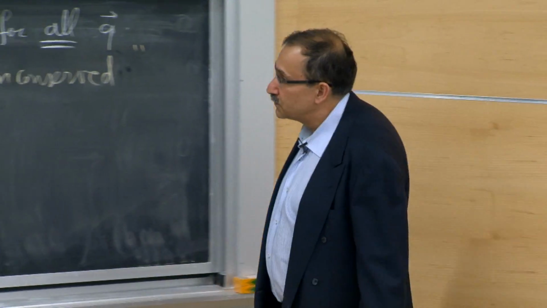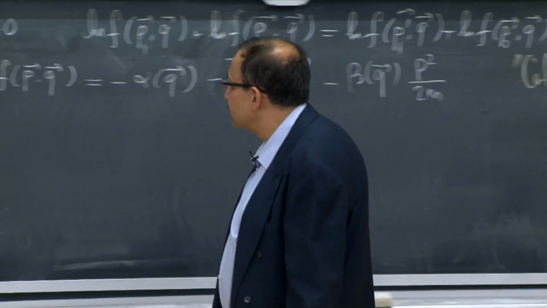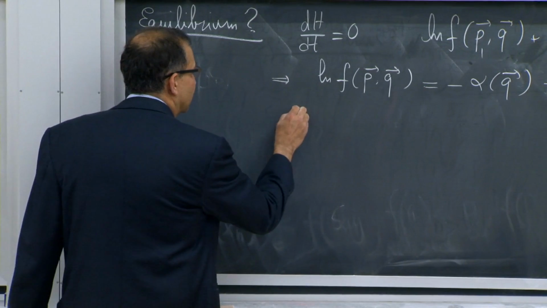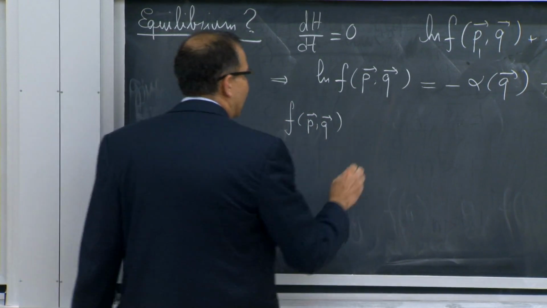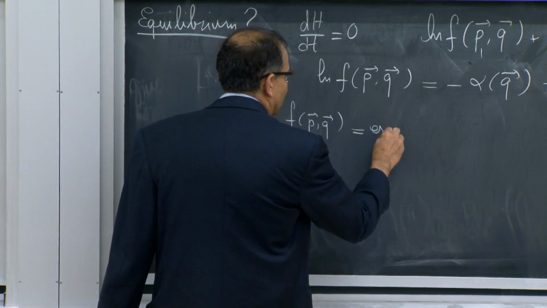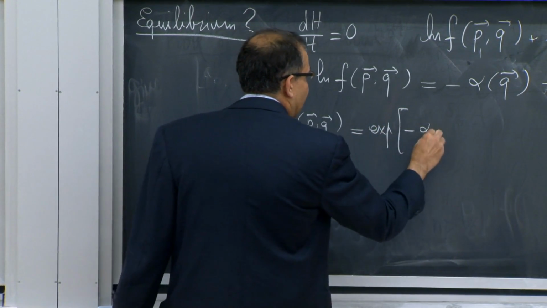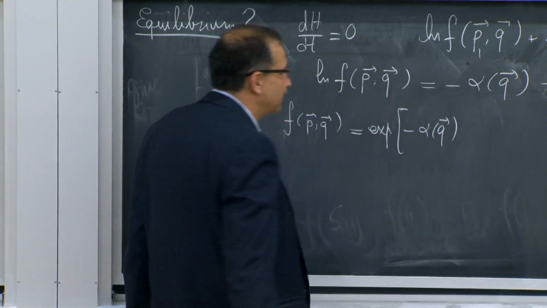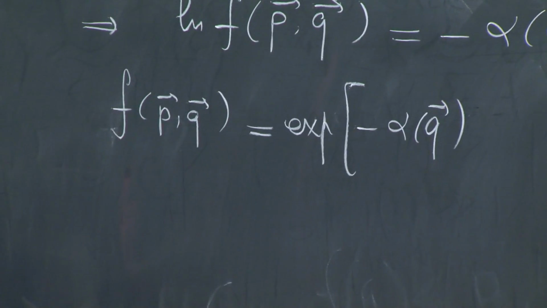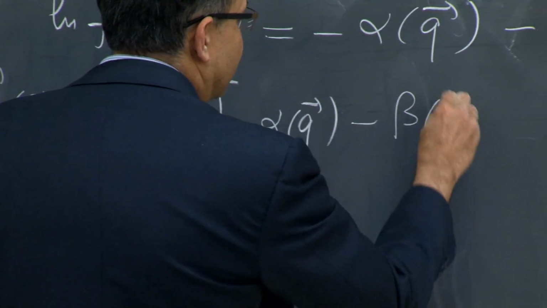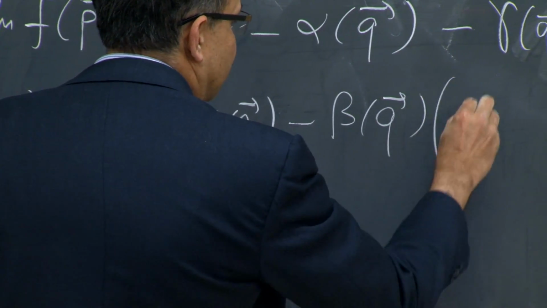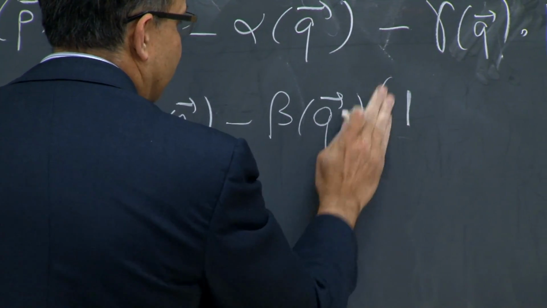And so you know that this form will work, which means that I have a candidate for equilibrium, which is that f of p and q should have a form that is exponential of some function of q that, at this stage, could be quite arbitrary, and some other function of q times p squared over 2m.